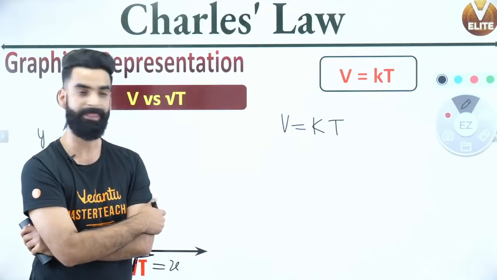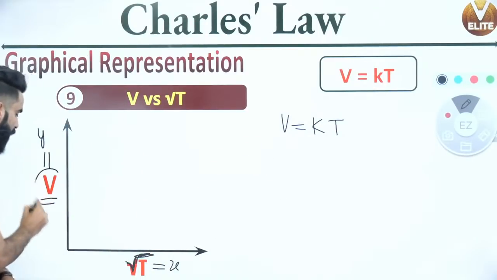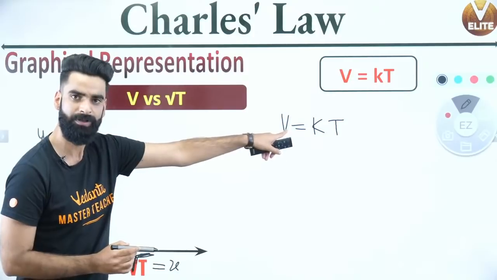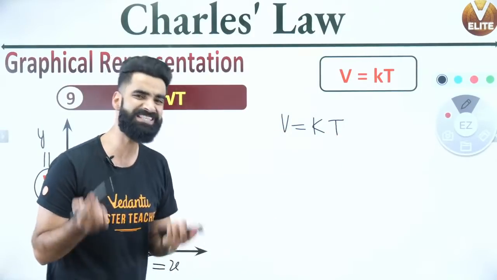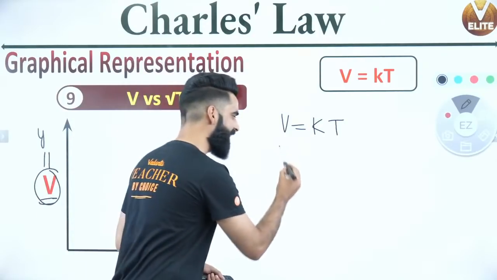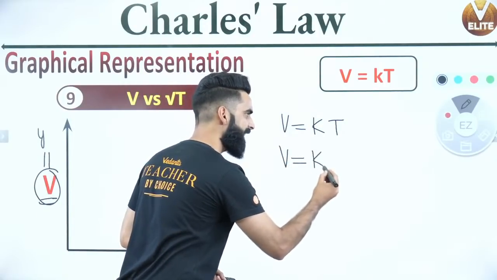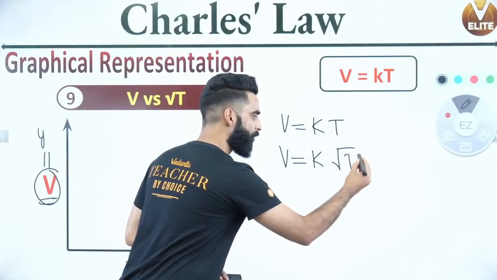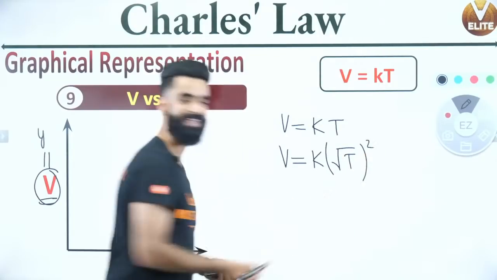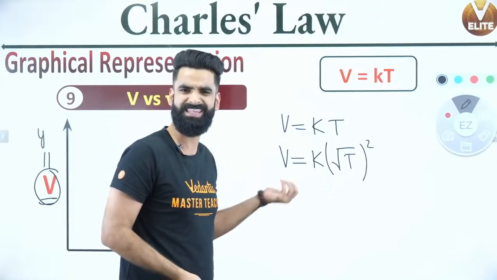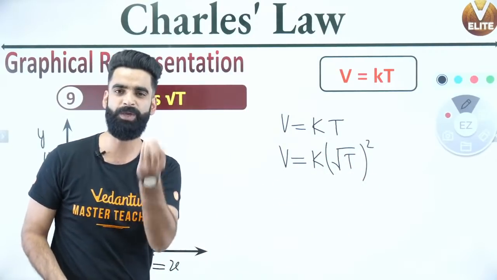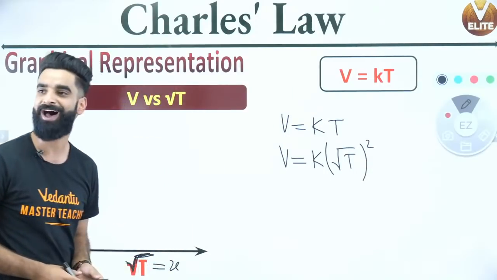See, along y-axis I'm plotting volume, and over here I have volume. But along x-axis I'm plotting root t, but over here I've got t. So what am I supposed to do? Can I write this equation like this? V is equal to k multiplied by root of t whole square. Square and root will eventually get cancelled out. It's going to be same as V is equal to kt, correct? Very, very simple. Now.